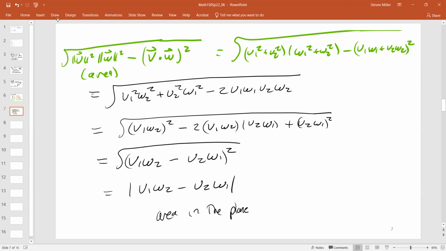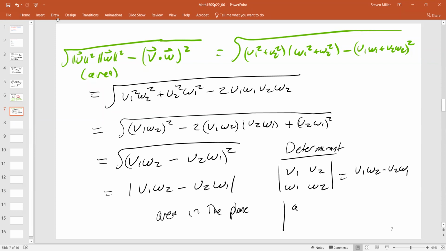We have V1W2 minus V2W1. And so we're going to define the determinant as follows. If I give you a matrix V1, V2, W1, W2, the determinant of that matrix is V1W2 minus V2W1.